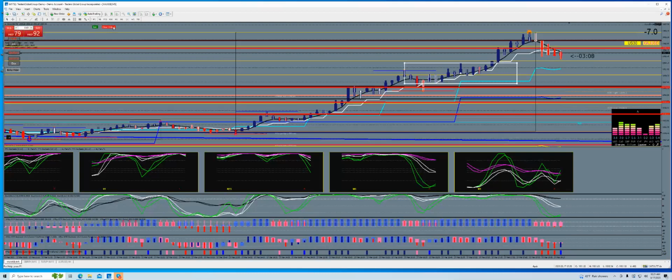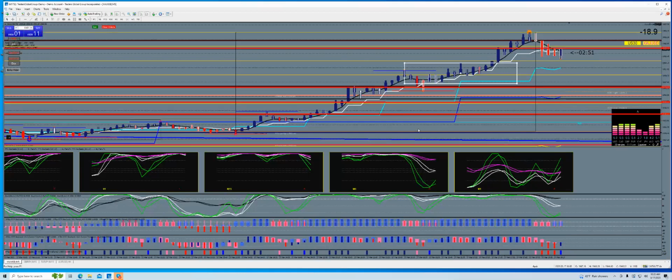Mentality is still swing while you're trying to scalp. Okay, so this is still good, as long as we're getting the 5-minute swing up.